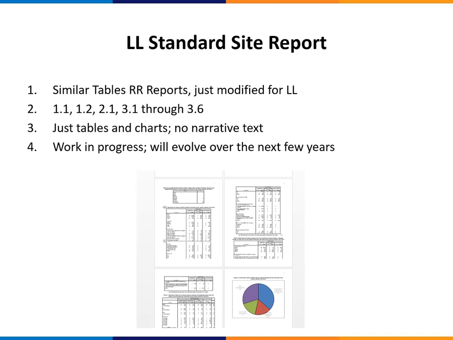It is just tables and charts, no narrative text. These reports over the last few years have been a work in progress, evolving over time, and they do differ from last year, as we saw earlier. And they may continue to evolve.